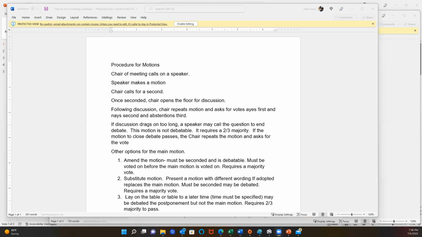Also, if you're wanting people to give reports at your meeting, they may not have to be involved in planning the agenda, but you need to let them know that they are expected to participate. And then once the agenda is set, you need to send it out to all of your voting members.